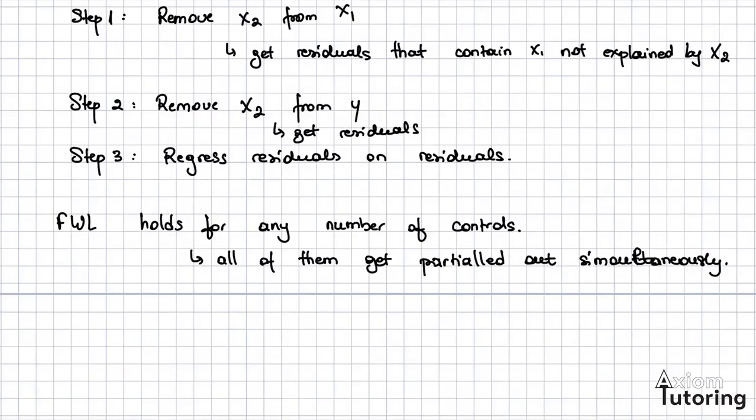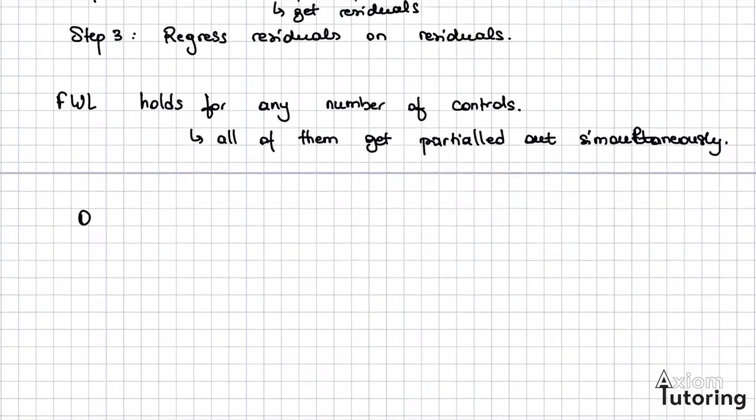Why does this matter? This result is the foundation for three of the most important ideas in econometrics. First, omitted variable bias: what happens when we fail to partial out a variable we should have?